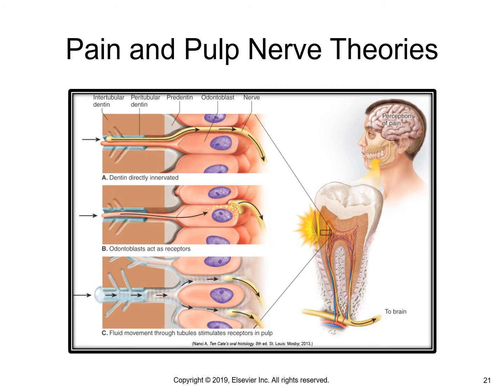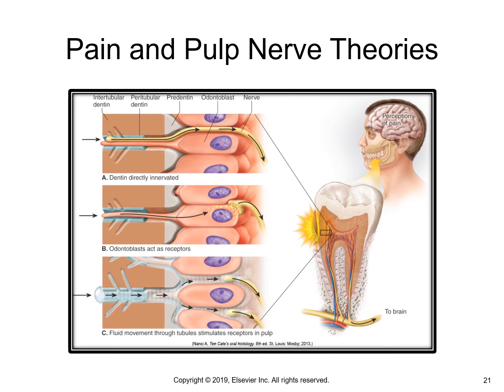So here is the direct theory, where you've got the nerve impulse coming in to the dentin, following through the intratubular peritubular dentin to the predentin to the odontoblast and out direct. This second image is the odontoblast acting as a receptor.